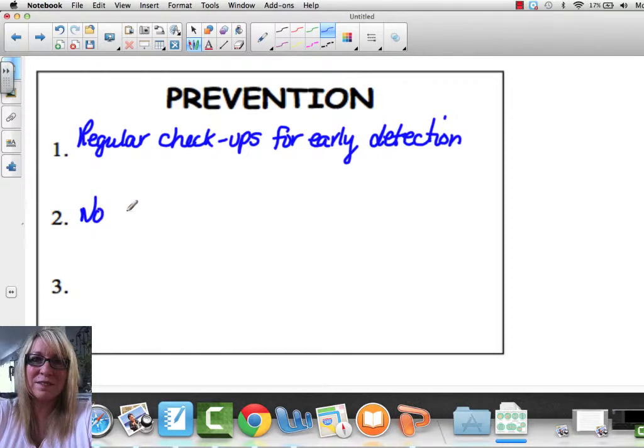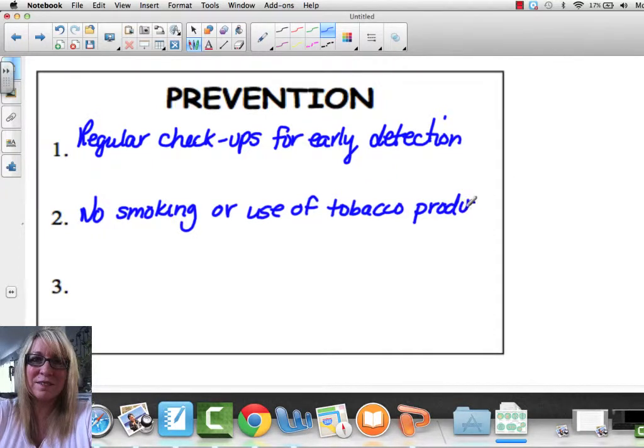Another way to prevent it is no smoking or use of tobacco products, as these have been linked to cancer. And the use of sunscreen, to prevent the UV rays from getting to your cells.